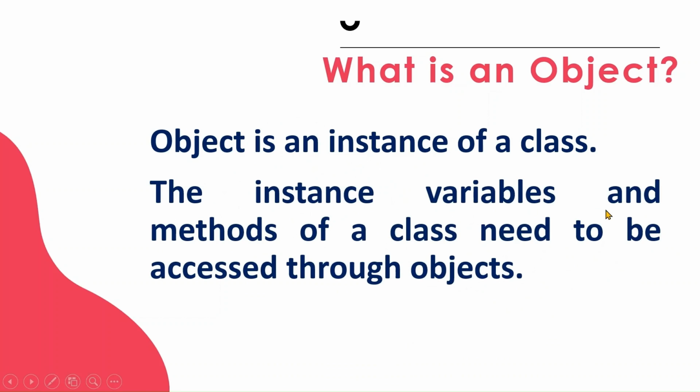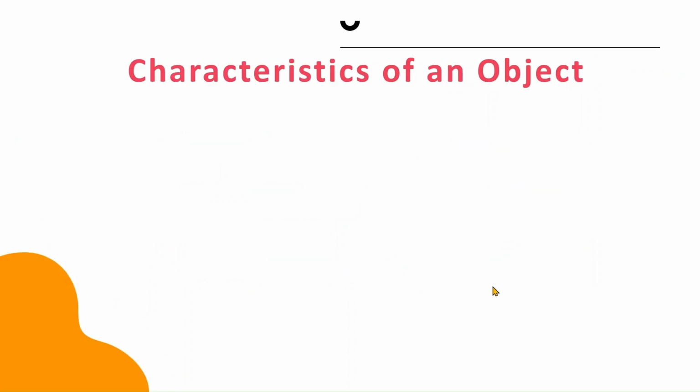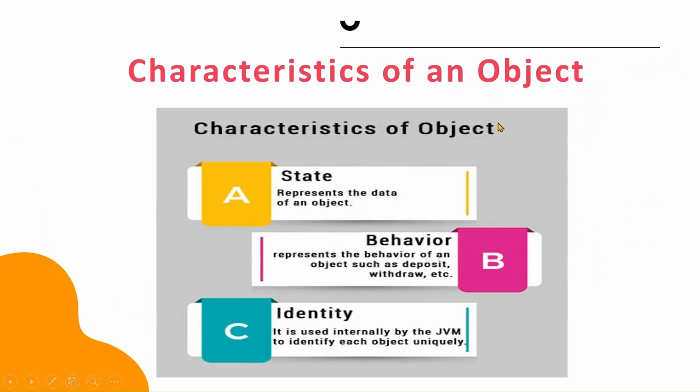Now the instance variables and methods of a class need to be accessed through objects. Like object dot variable name we need to access, like object dot method name we need to call. Coming to the characteristics of an object, as I mentioned before, we have the state of the object, which represents the data of the object.